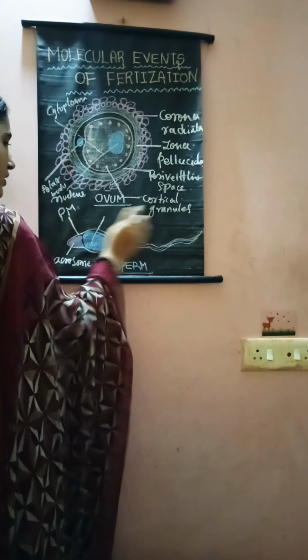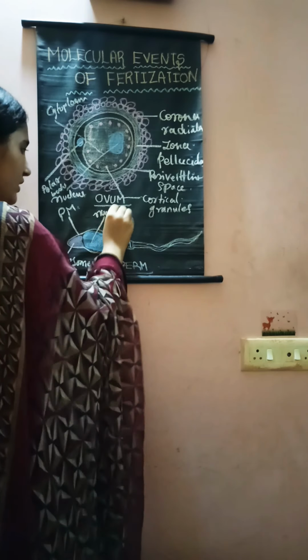Now let us see a sperm. The sperm cell has first a plasma membrane. At the tip of the sperm cell there is an acrosome, followed by the nucleus and the genetic material. This is the head region.